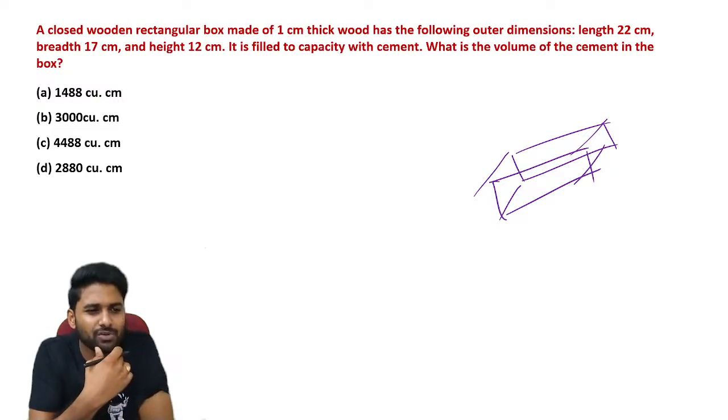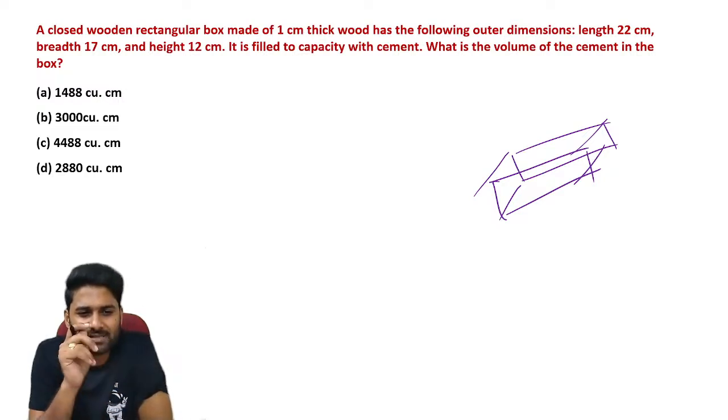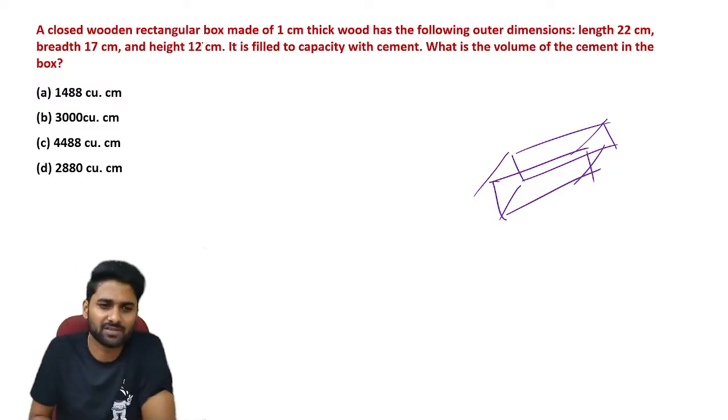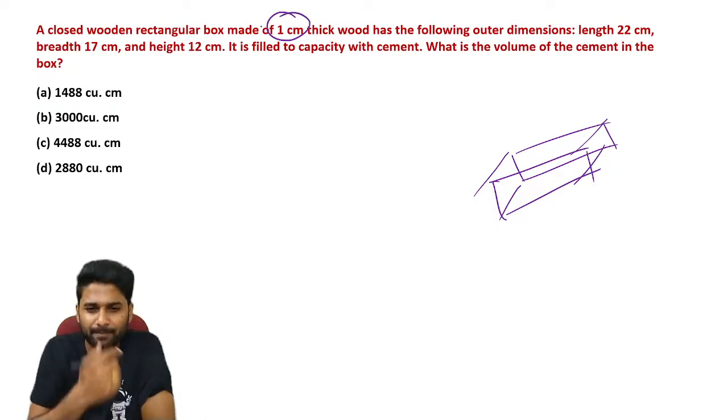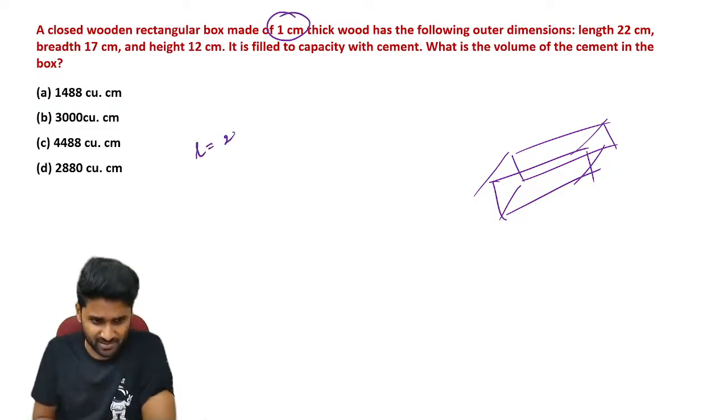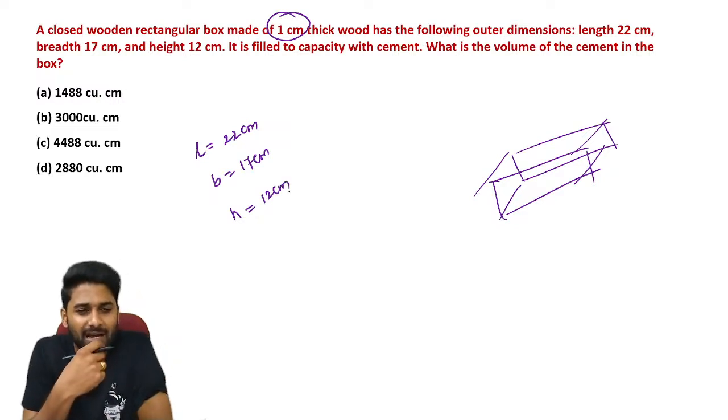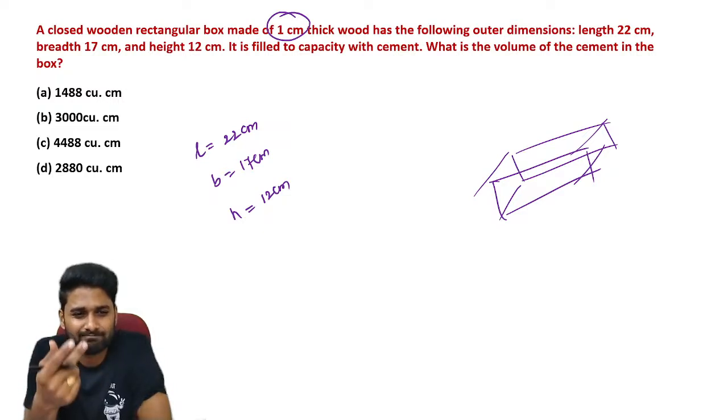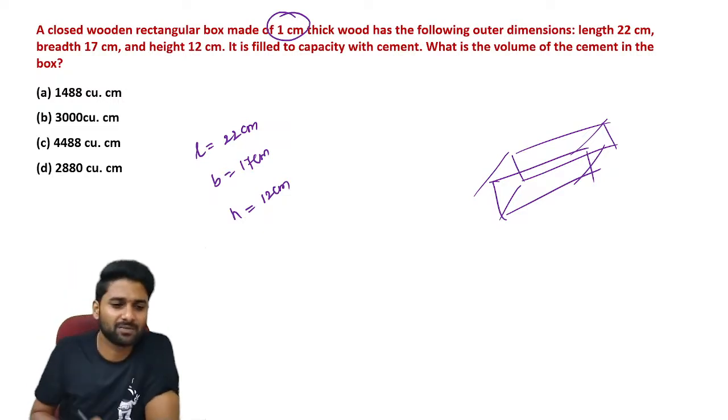So here see, a closed wooden rectangular box made of wood 1 centimeter thick has the following outer dimensions. It's 1 centimeter thick, which is important. Here the length is 22 centimeters, the breadth is 17 centimeters and the height is 12 centimeters. And it is filled to capacity with cement. Now we have to identify the inside volume, because it's 1 centimeter thick on every side. What is the volume of the cement in the box, guys?